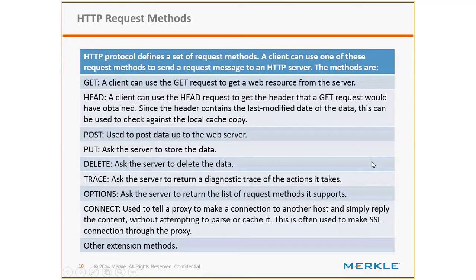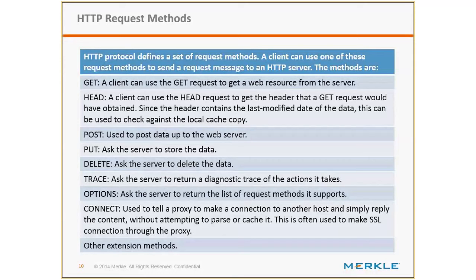The HTTP protocol defines a set of request methods. A client can use one of these request methods to send a request message to an HTTP server. Here is a list of all the methods used for HTTP requests, and GET and POST are the most commonly used in our daily life.